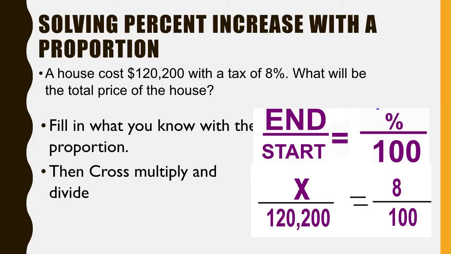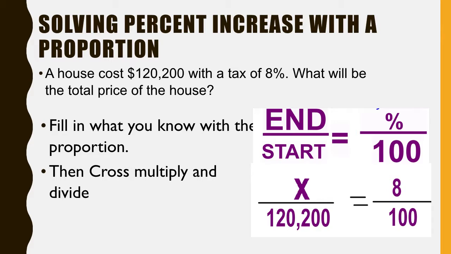So we're looking for the ending amount, which is the total price of the house. They give us the starting amount. So we fill in $120,200 at the start. We don't know the total price, so X goes on top. Your percent is 8. You put that over 100.